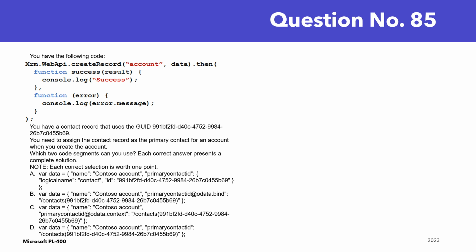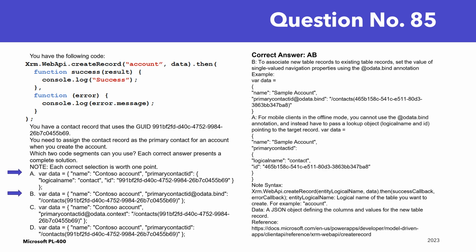C. var data equals name: Contoso account, primary contactid@odata.context: /contacts(991BF2FDD4752998426B7C0455B69). D. var data equals name: Contoso account, primary contactid: /contacts(991BF2FDD4752998426B7C0455B69). Correct answer, A and B.